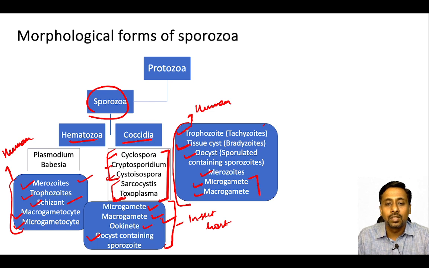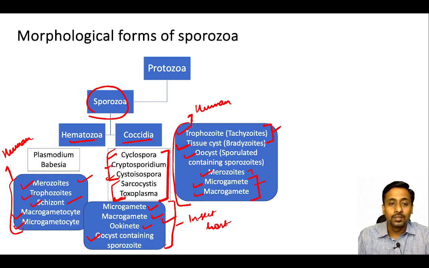First this microgamete and macrogamete, and then this trophozoite. Okay, trophozoite, merozoite, microgamete and macrogamete. That means sexual reproduction occurs in the definitive host or the vector.